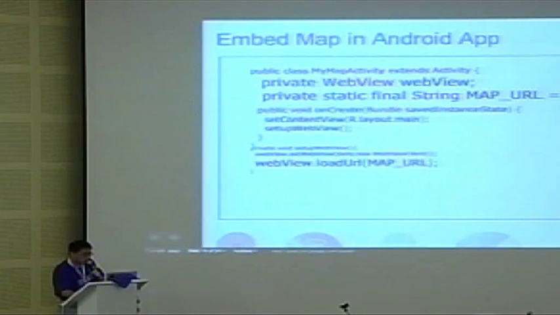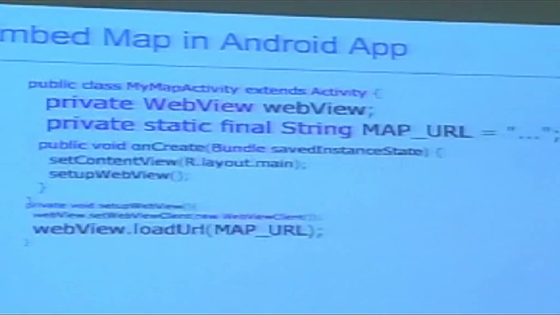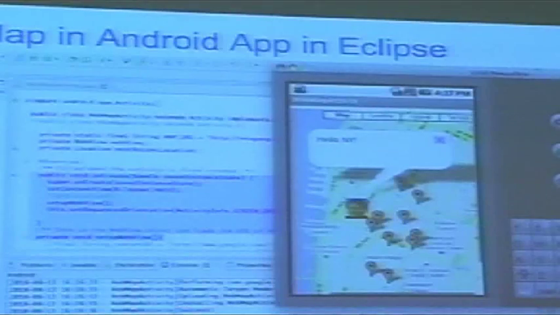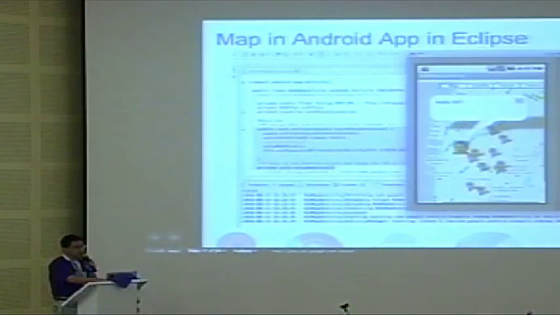You point your URL of that to whatever you want, where you have your mapping application, and then you just go ahead and load it. Once you do that, here is what it looks like in Android Eclipse. So here I'm pointing to a map where I have a bunch of markers representing the subways in New York City, and with my profile picture close to Google Office there.